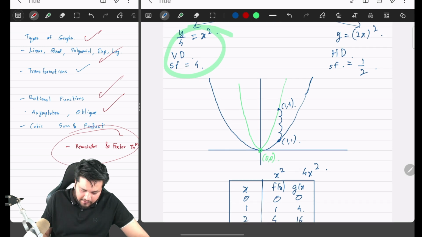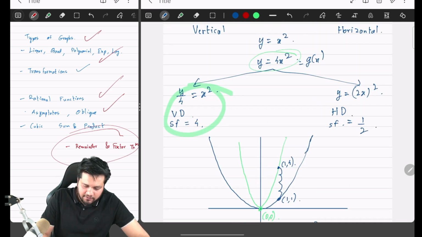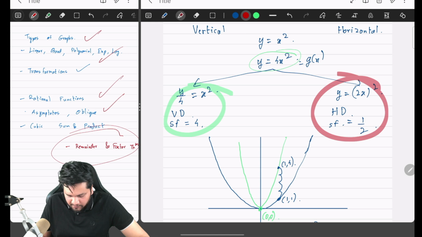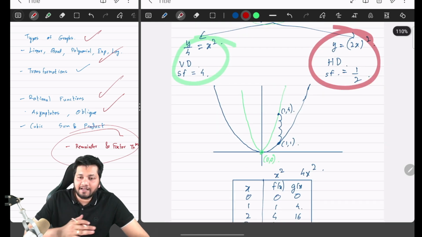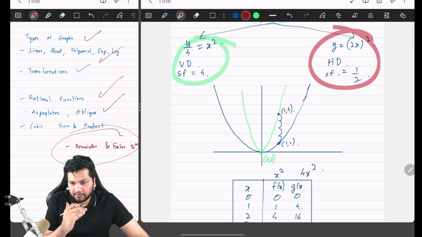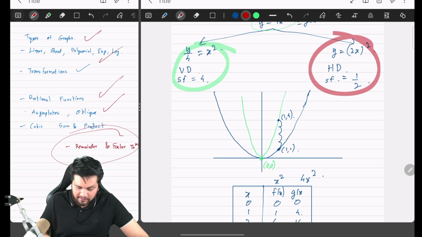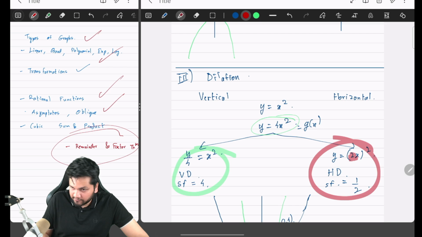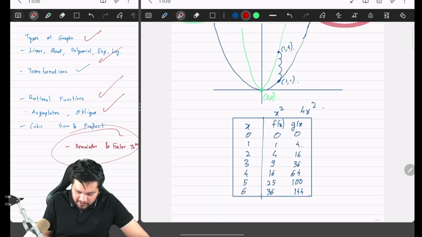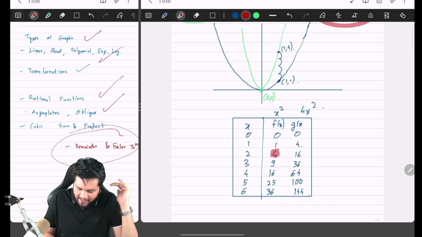Right? Now, horizontal dilation would be what? I'll represent that with the red part. Horizontal dilation of scale factor half, not 4 or something like that. So what will happen? Look at this. Previously I used to get 4 as the output at 2.